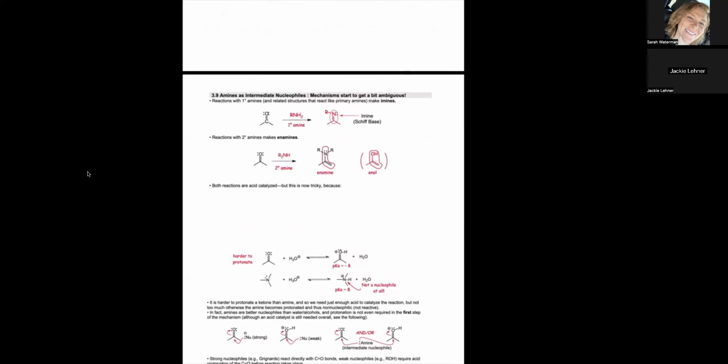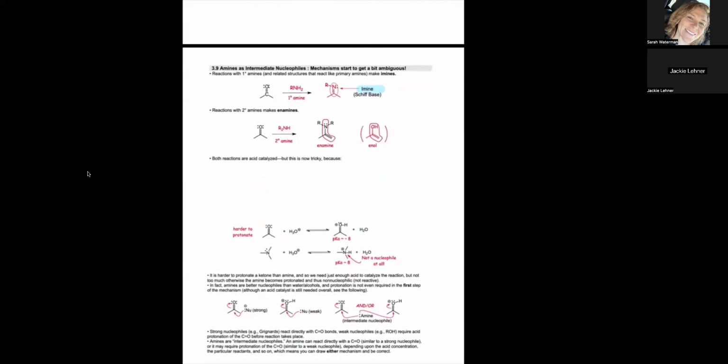So we're turning this carbonyl into an imine versus an enamine, right? So we have this first degree amine and second degree amine. I'm not clear though on the defining characteristic of it.